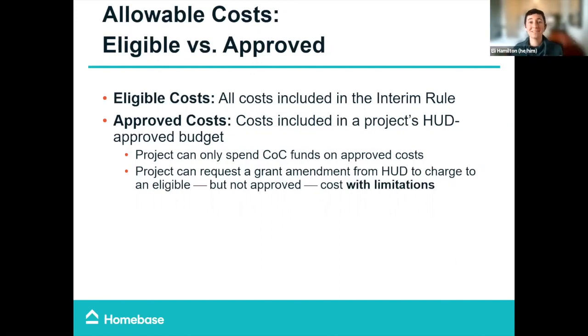Just because a cost is eligible and it's in the interim rule doesn't mean that you can pay for that with your grant funding, because each grant has its own set of budget line items and approved costs. So if it's in the interim rule, if it's an eligible cost, but it's not in your budget, then you cannot spend your grant funding on that cost.